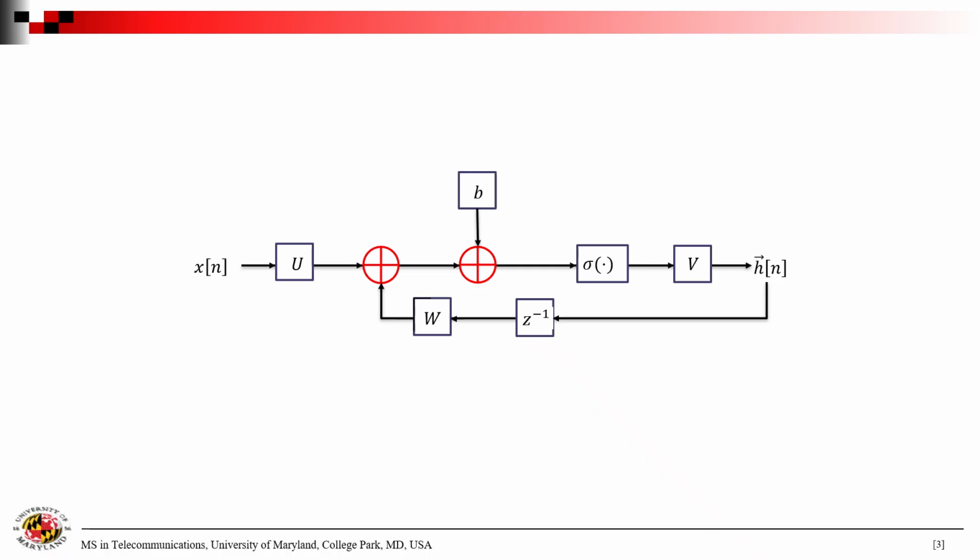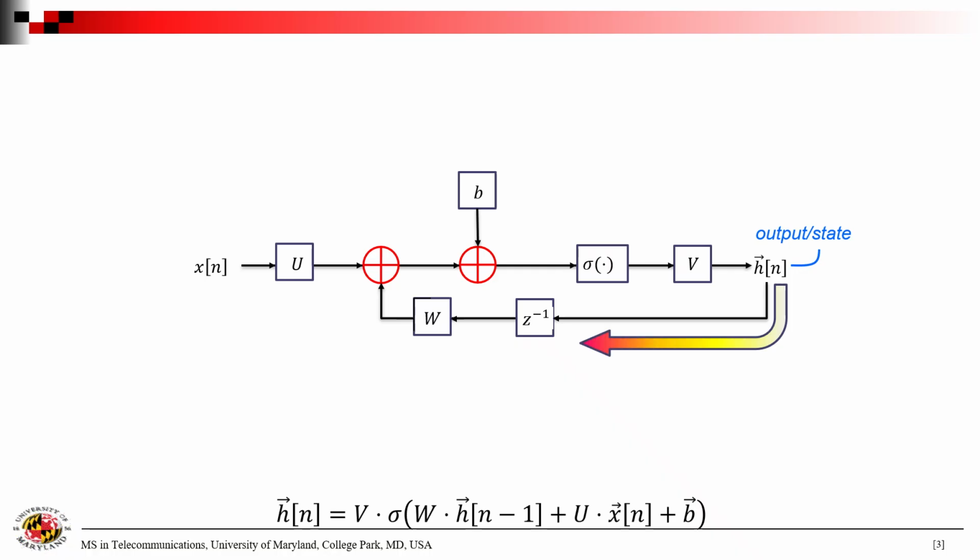Engineers often prefer to learn things from the format of a block diagram. So let's look at a block diagram of our equation here. And just to remind us of what we're doing at each step, I'm copying the equation at the bottom of this slide. And we're going to start like we did before at the output, the state, the vector h of n.